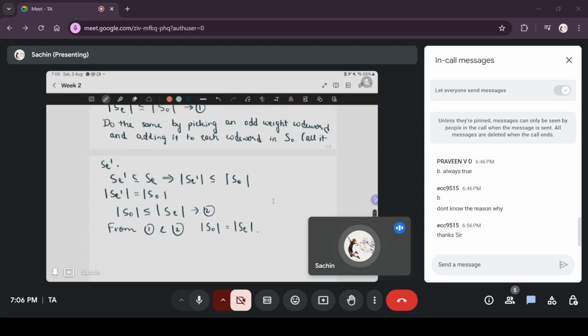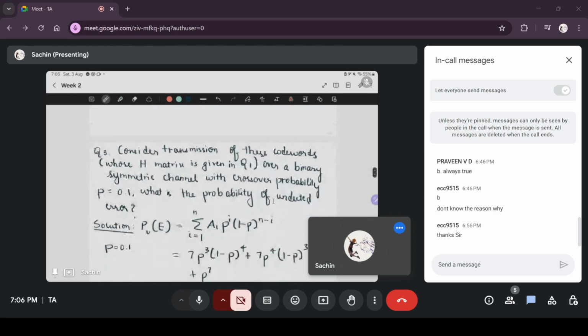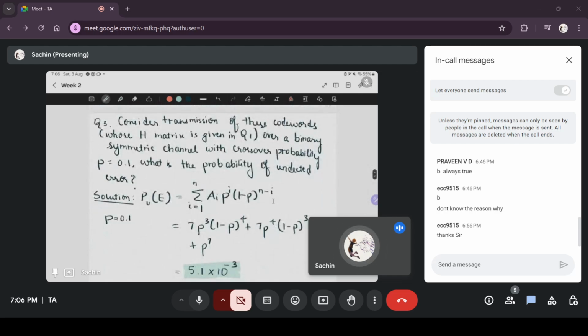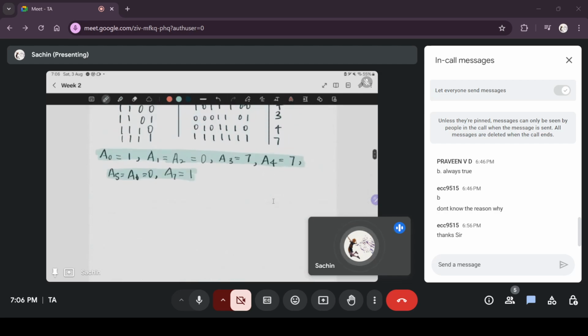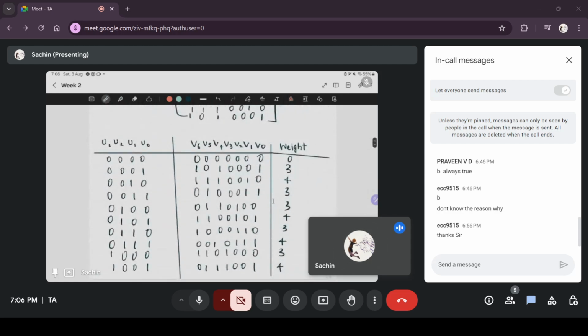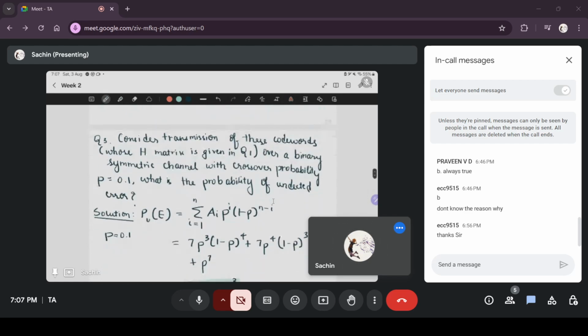So in the previous question, I had explained how we get this formula for PU of E, where I started with the code word 0000 and found out what is the probability that it has changed to another code word among the remaining 15 code words. So suppose I started out with 0001, that is I transmitted 0001, and it changed to one of the other remaining 15 code words. The probability of that happening is also equal to the same quantity.